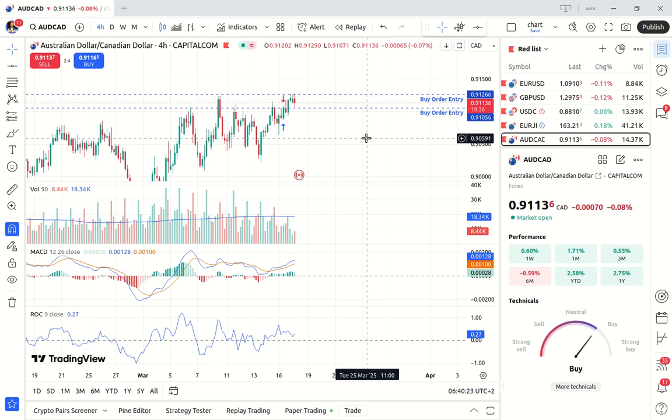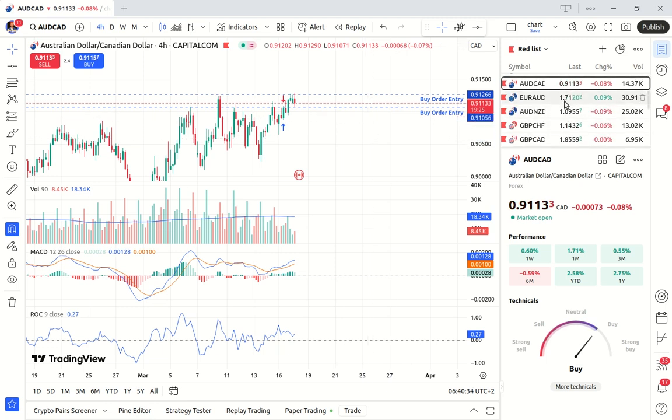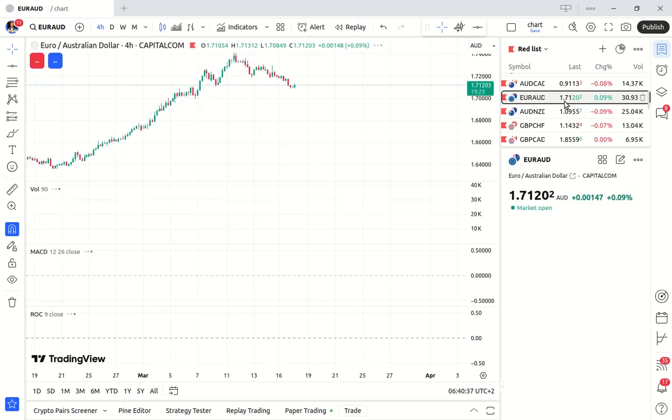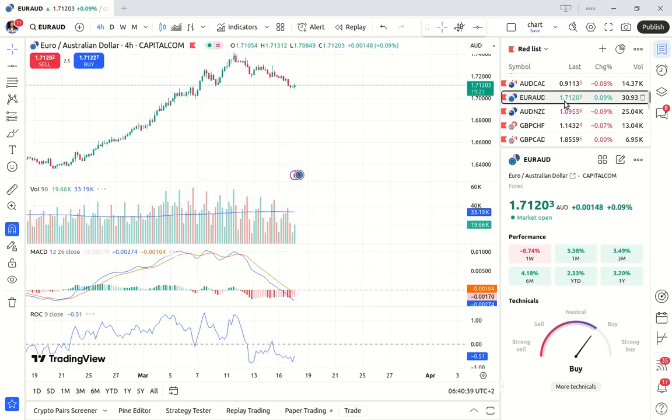Excuse me, this one is definitely another buy signal. So we'll keep that one there. Alright, we have buy here, but no pullback, no sign of a pullback.